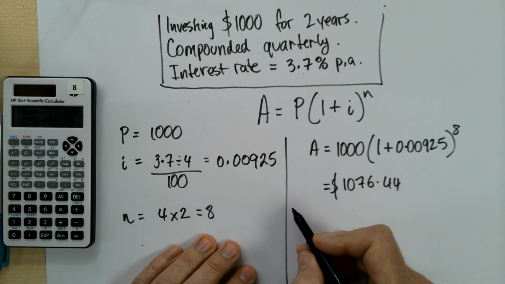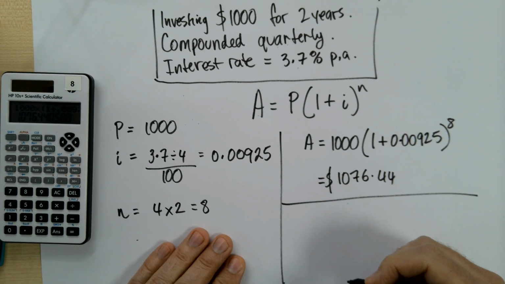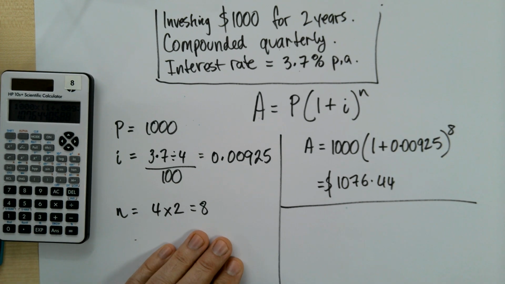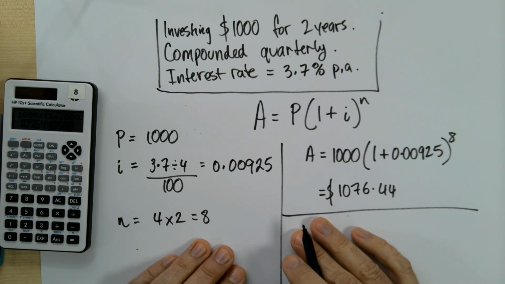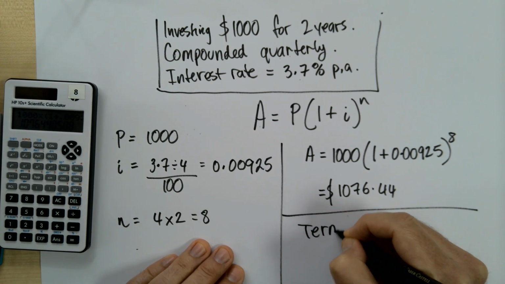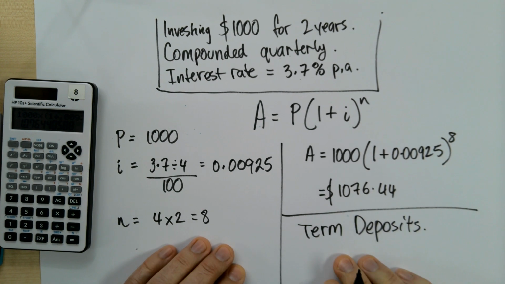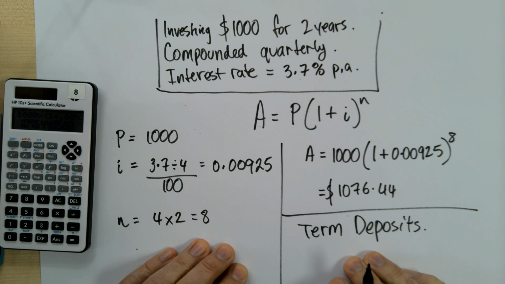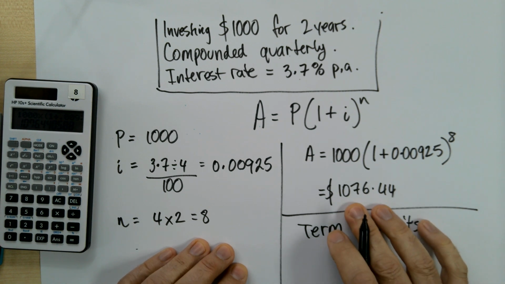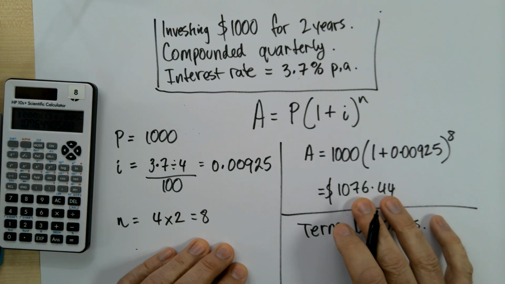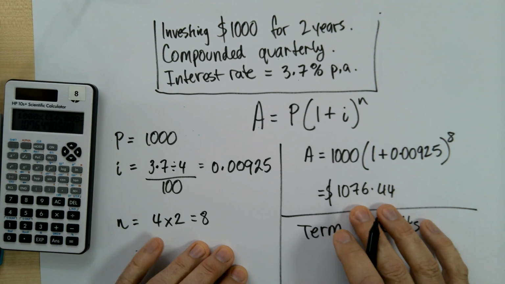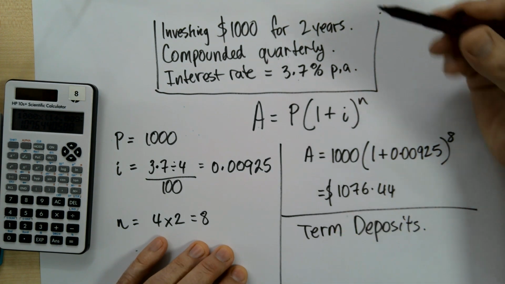All right, now you might say, well, whoop-de-doo, what's the big deal, $76? Here is the point about these kinds of accounts. They're called term deposits. Okay, and the beauty of them is, well, first of all, it's better interest than just simple interest. You would actually earn a bit more than what simple interest would do. But here's the good thing about it.